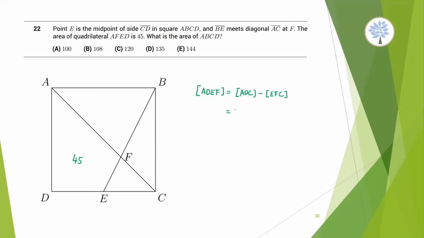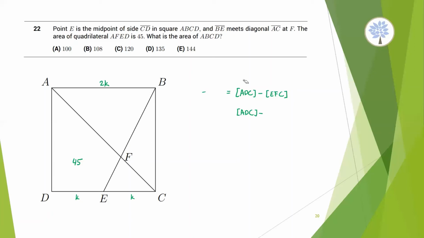And so we can rewrite EFC as some area ratio between EFC and ADC, times the area of ADC. So we want to find that ratio. Before we find that ratio, we need a few lengths. Let's say this is K, this is K, and this is 2K.